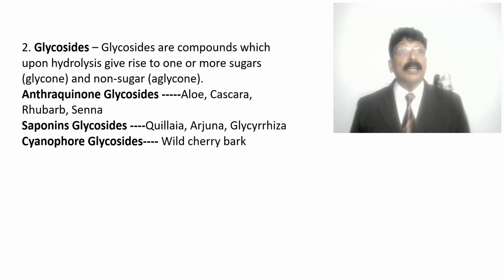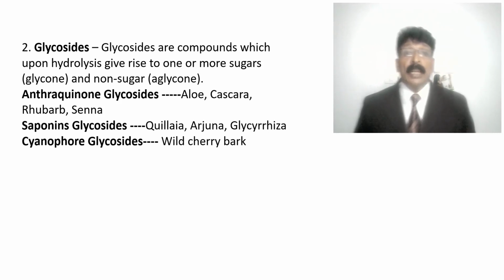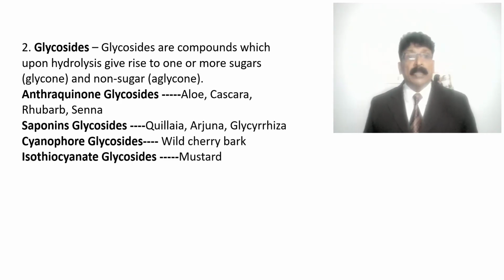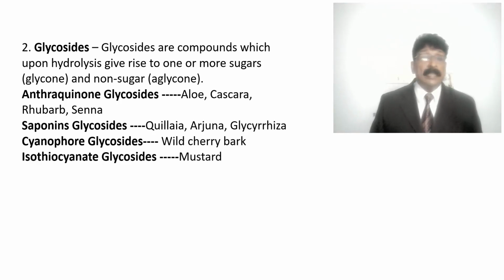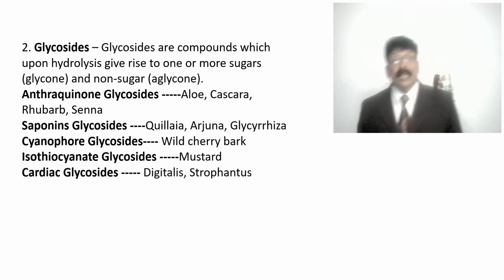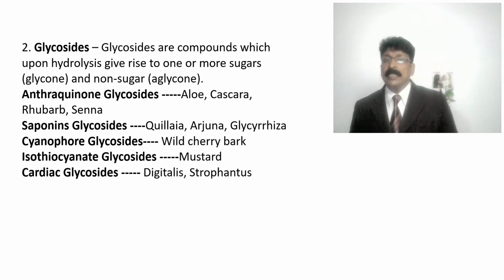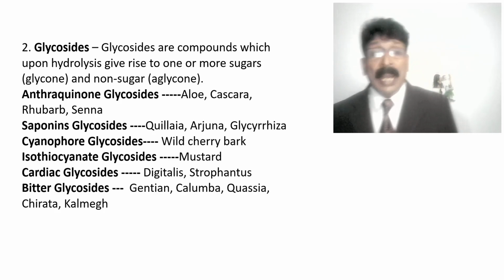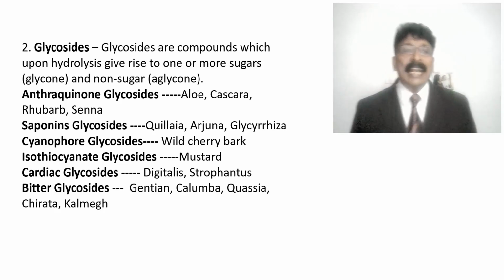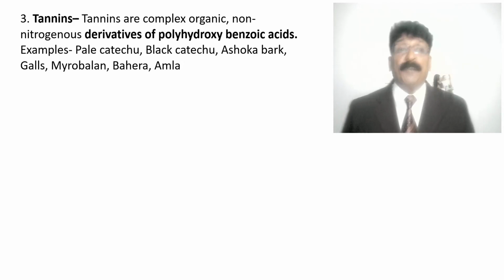And you can see the cyanophore glycosides, wild cherry bark. And isothiocyanate glycosides, example: mustard. And cardiac glycosides, example: digitalis, strophanthus. And bitter glycosides, example: gentian, calumba, quassia, chirata, kalmegh. These are some of the examples you have to specify very clearly.